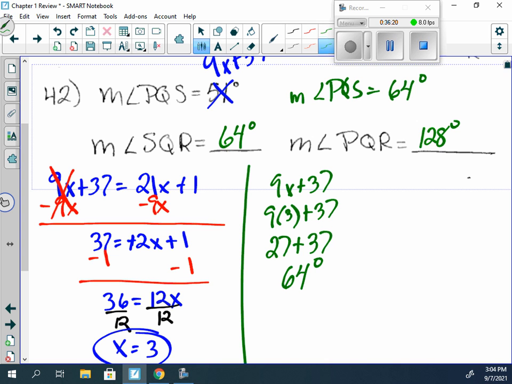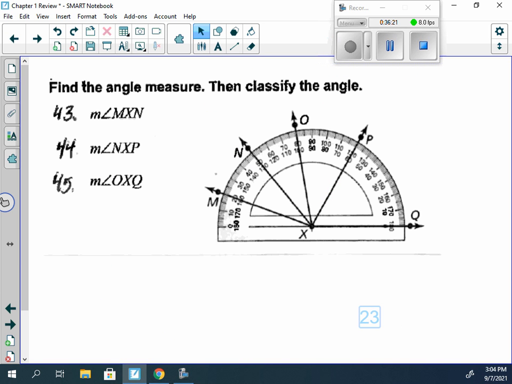Okay. Are there any questions on 43, 44, or 45? So if we look at, say, x in XP, we're talking about this angle here. What we can do is we can count along.